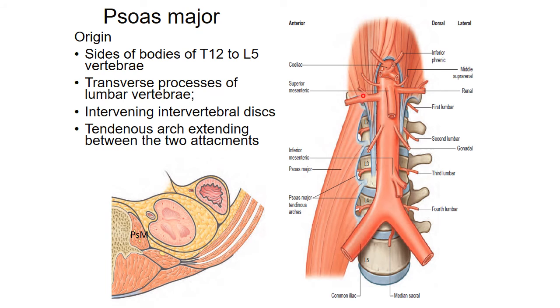So one set of fibers attached here, then another set of fibers attached here. So there is a gap. The origin is not continuous. But here there is a tendinous ring, which is again giving attachment to the fibers of the psoas major muscle. So attachments are the sides of the bodies of the 12th thoracic to 5th lumbar vertebra.